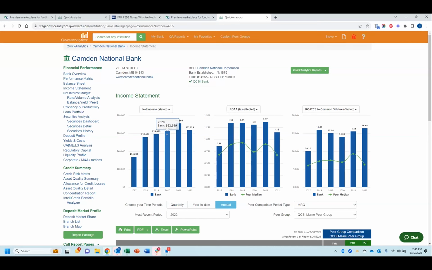And we thought there were some ways that the UBPR reports calculate things which were either irrational or could be improved upon. And so we took the liberty of, for certain ratios, where, for example, the UBPR report might be adding up your average assets, or calculating average earning assets to calculate a net interest margin, they might be using net loans as an earning asset as opposed to gross loans.